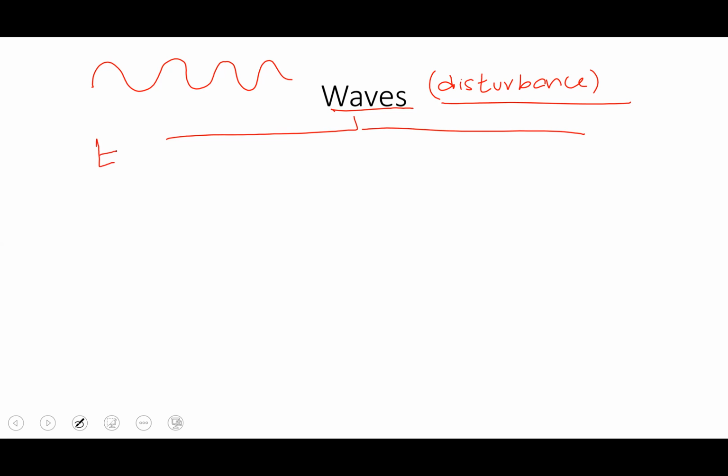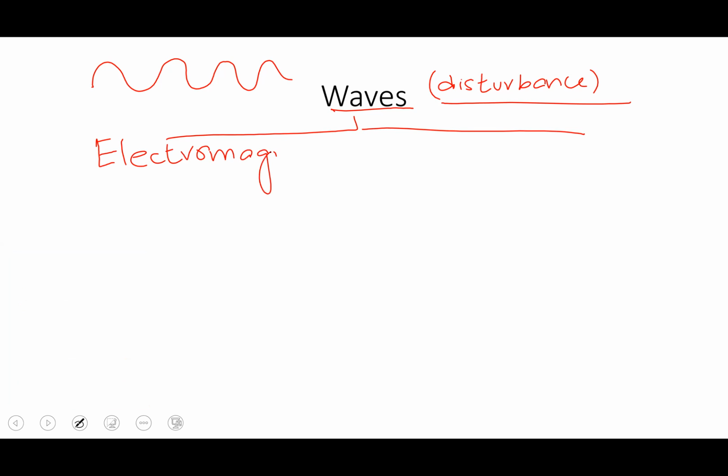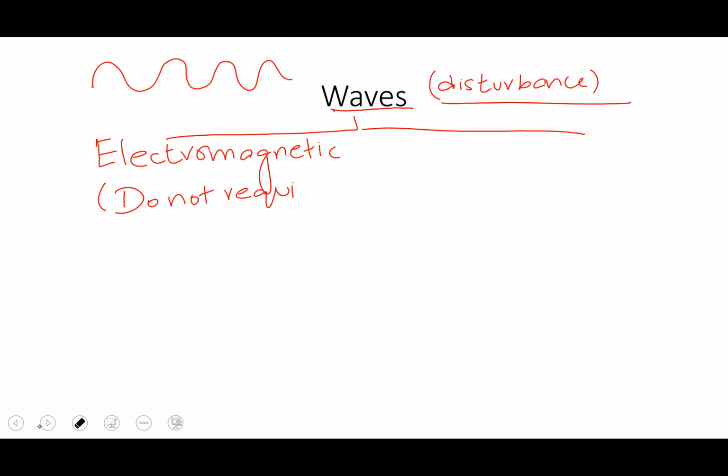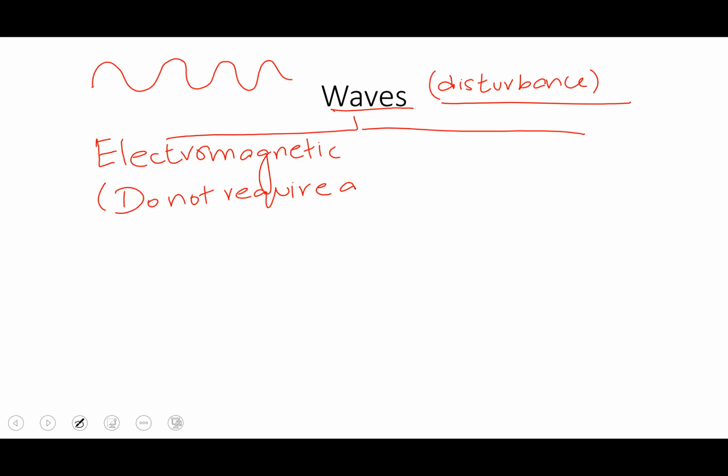First of all, there are electromagnetic waves. These are those waves which do not require a medium to travel from one place to another.